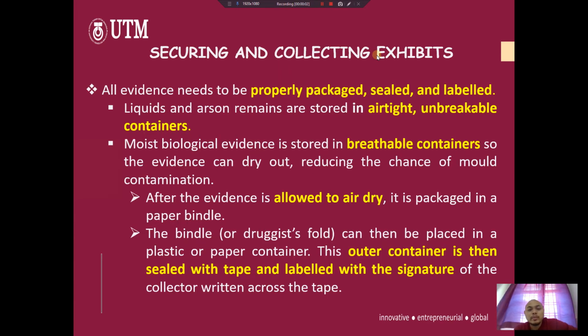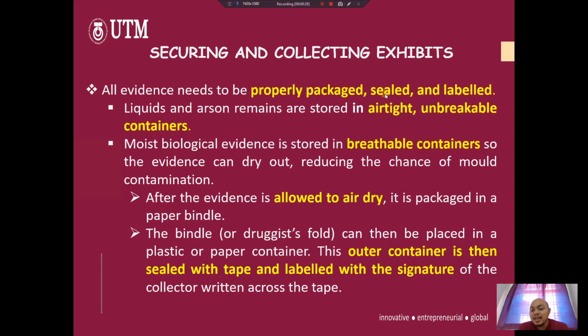Okay, the next one we will look into is securing and collecting exhibits. How can we secure and collect the exhibits? Not just collect, but we want to secure the exhibit. All evidence needs to be properly packaged, sealed, and labeled. It needs to be properly packaged so we don't destroy or lose the evidence.